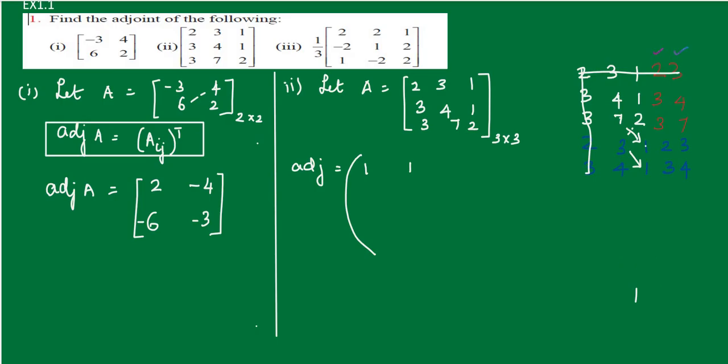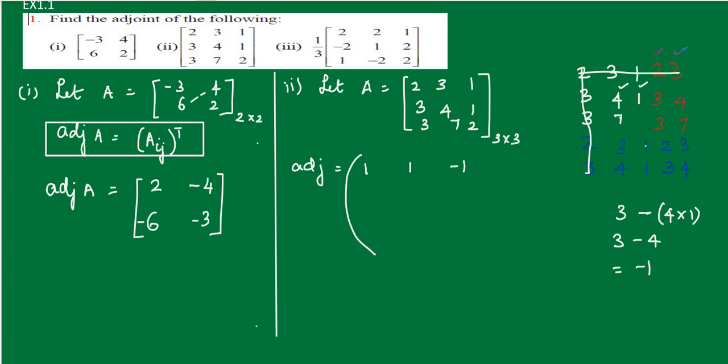Now, the next operation, 3 into 1, 3, minus 4 into 1. So, we get 3 minus 4 is equal to minus 1. First row elements we have completed. We have taken the first 2 columns, simplified column wise and written it row wise.